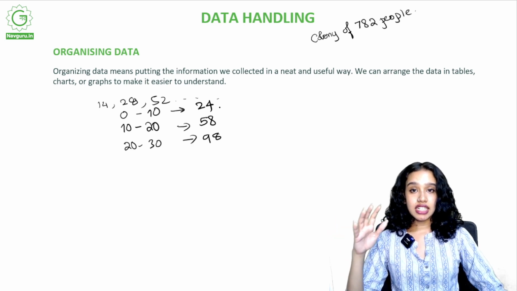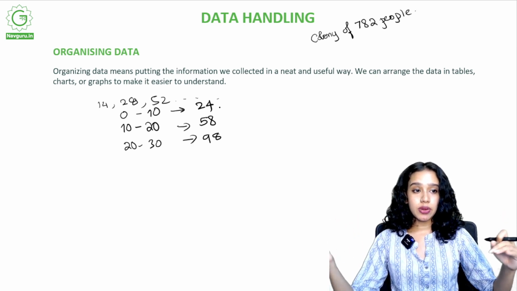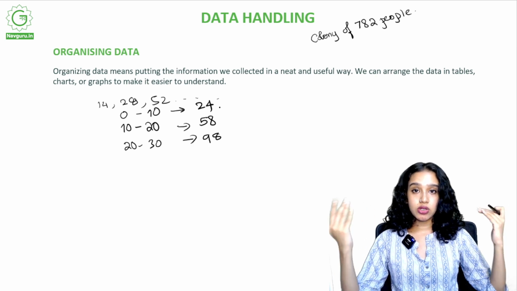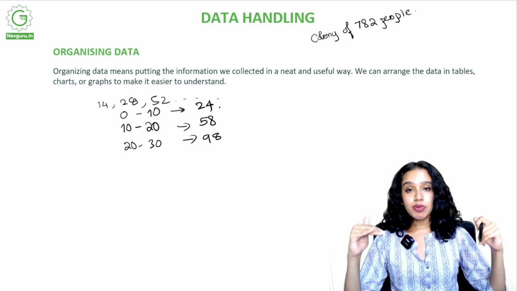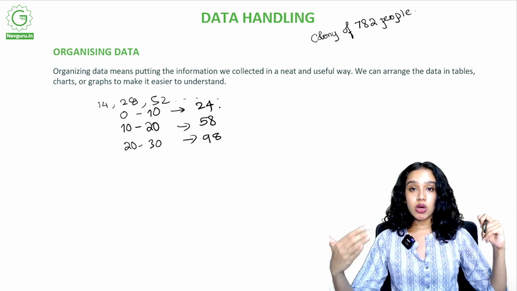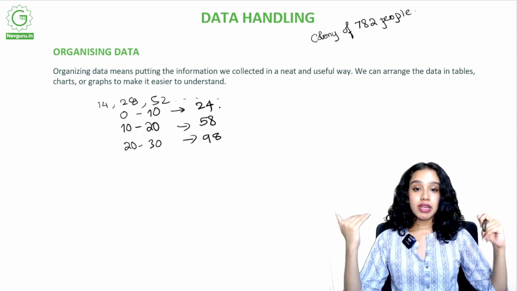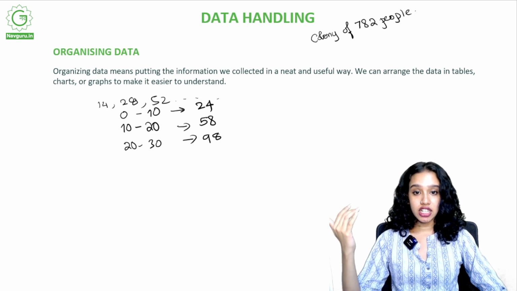Data organization can be done in different ways: tables, charts, graphs, or anything. We'll dive a little deeper into how we make tables, charts and graphs to easily understand the data.